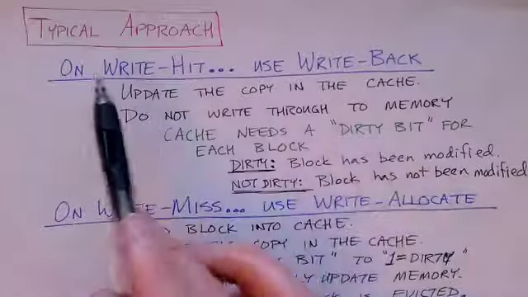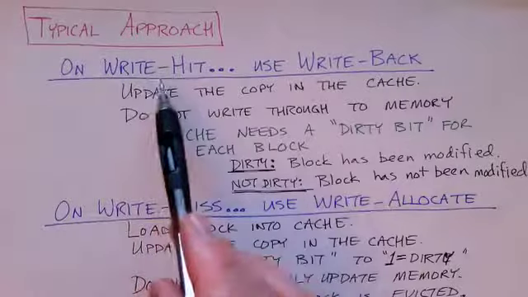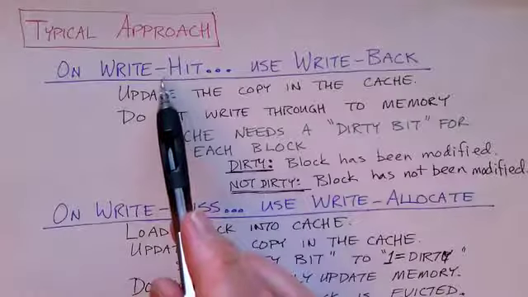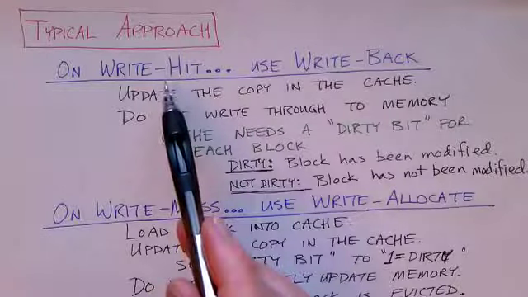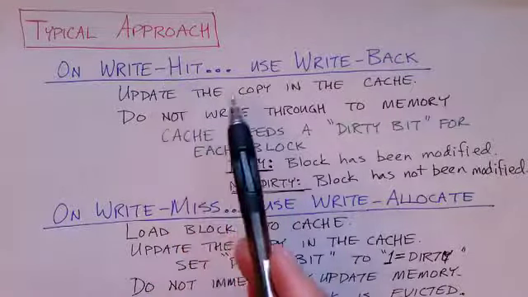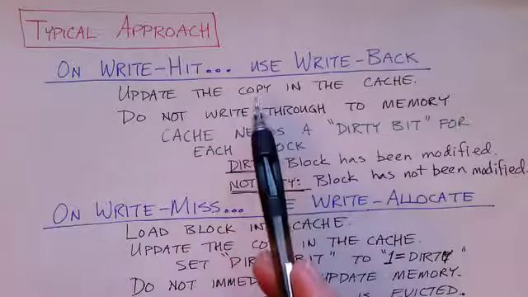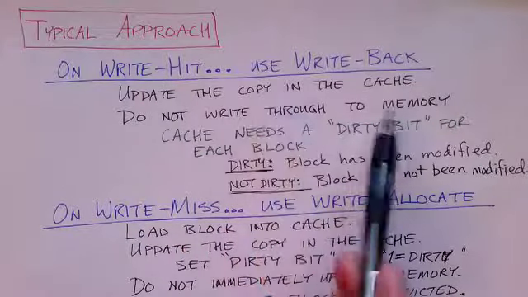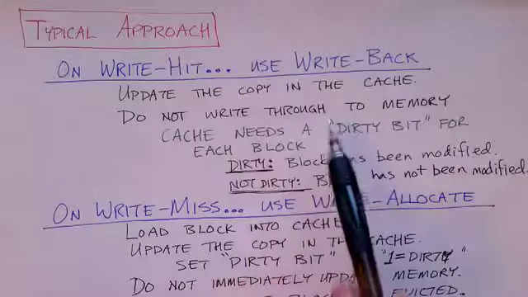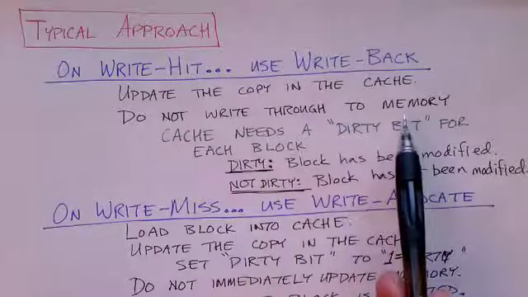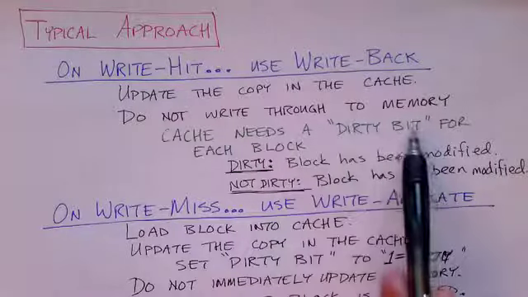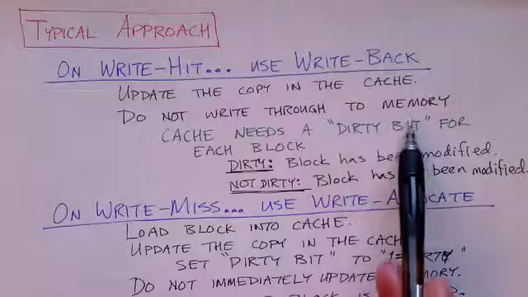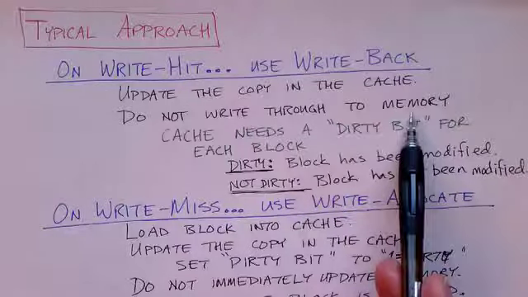So when there is a write hit, in other words, the CPU wants to update a byte, and that byte belongs to a block that's already loaded into the cache, then it updates the copy in the cache, but it doesn't immediately notify the memory that that cache block has changed. So it doesn't copy that update through to the memory. Instead, it saves it until later, when the block is evicted.